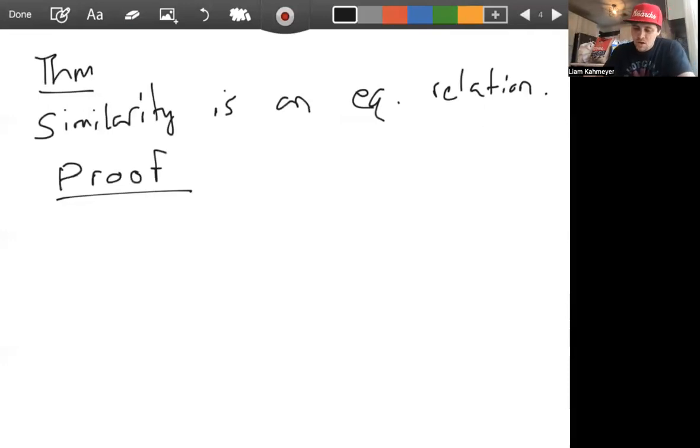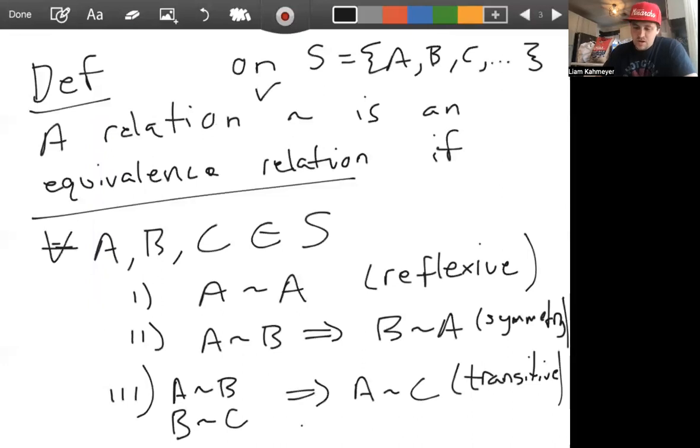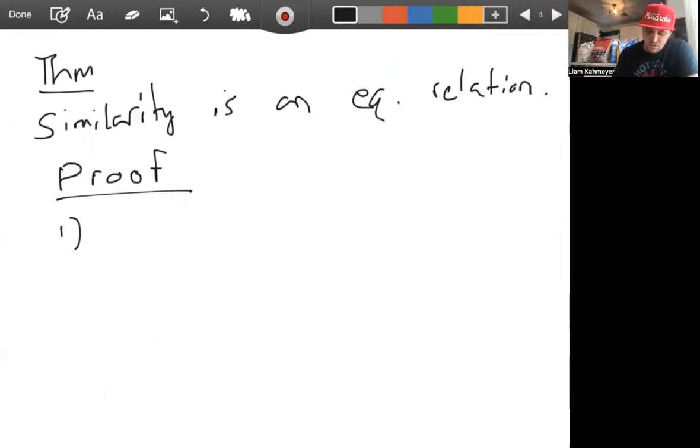So what do we need to do? We need to show three things. We need to show that A is similar to itself. We need to show that if A is similar to B, then B is similar to A. Then we also need to show that if A is similar to B and B is similar to C, then A is similar to C. So let's start with the first one.